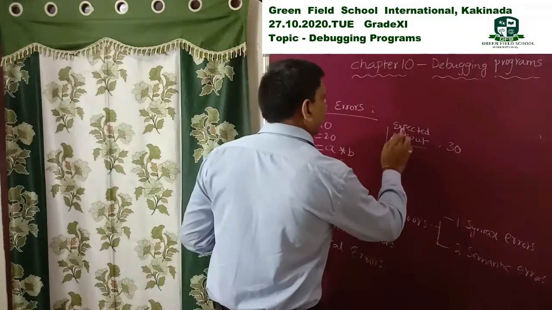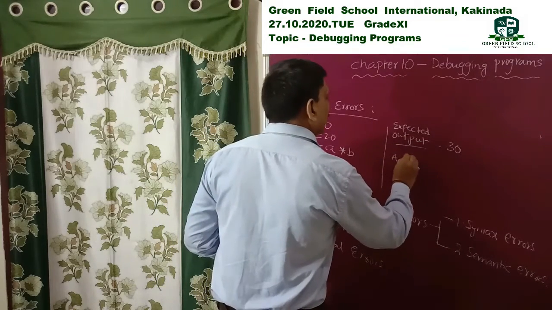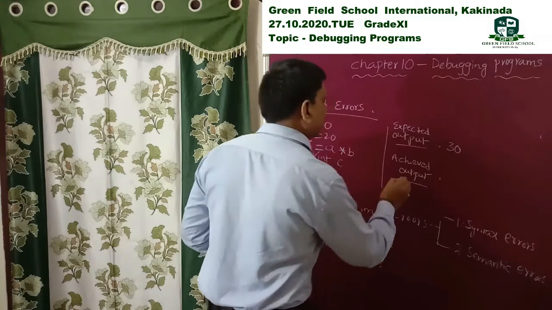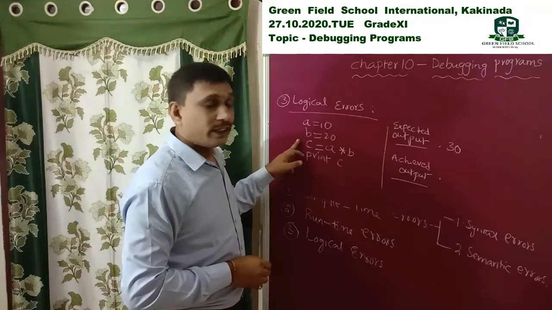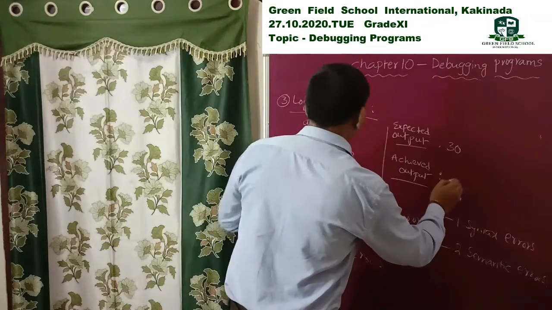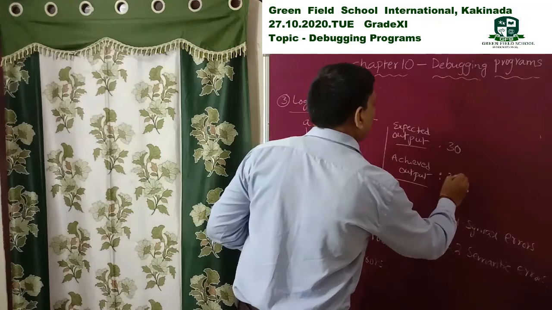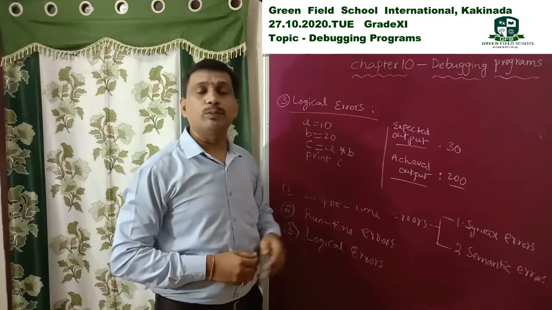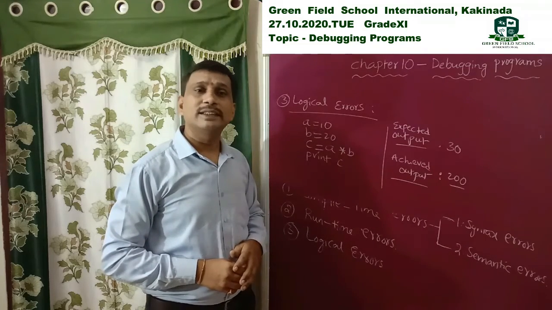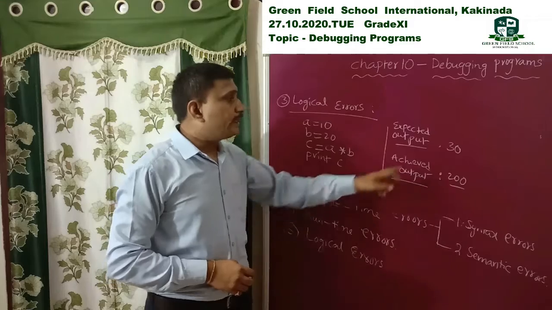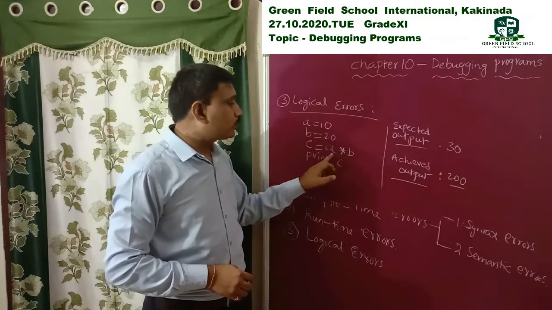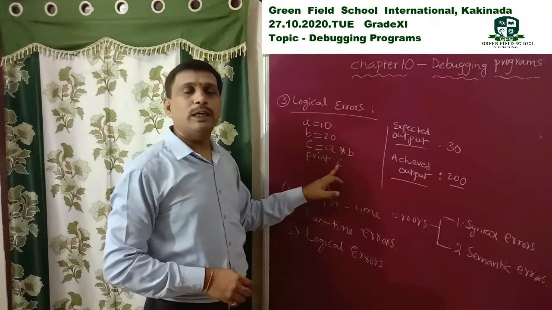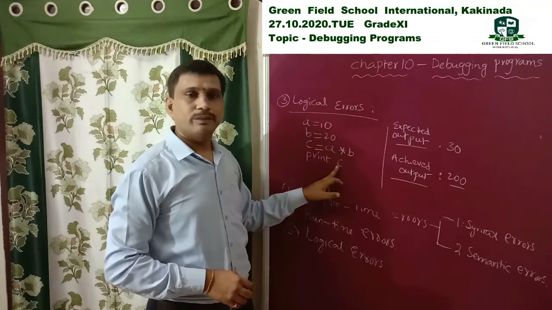But the achieved output, when you execute this program or code, is 200. When we observe the expected output and the achieved output, both are different. Why? Because my intention is to add these two, 10 plus 20, assign it to the variable c and display the value of c, 30.